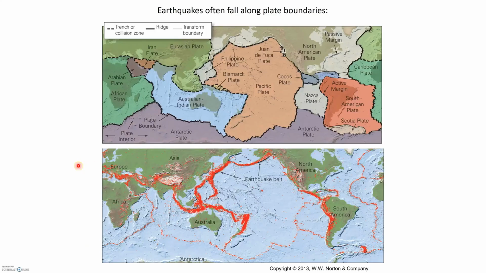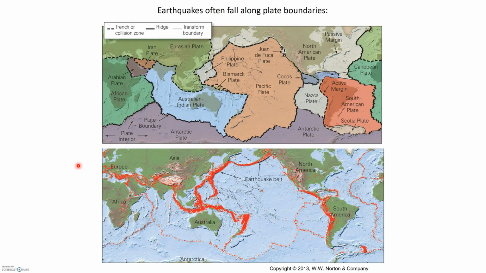One of the byproducts of these different types of plate boundaries is this: if you think about having a giant slab of rock colliding with another slab, subducting under another slab, sliding past another slab, you can imagine there's going to be a lot of friction. There's a lot of force, there's a lot of pressure between those two giant slabs of rock.